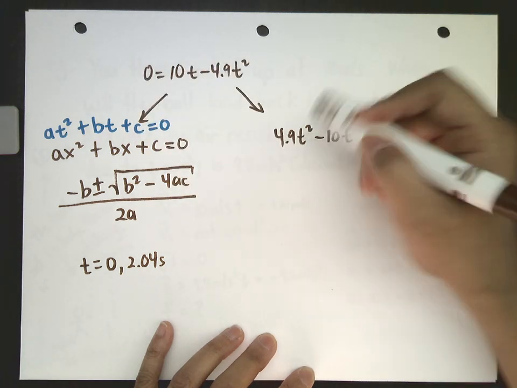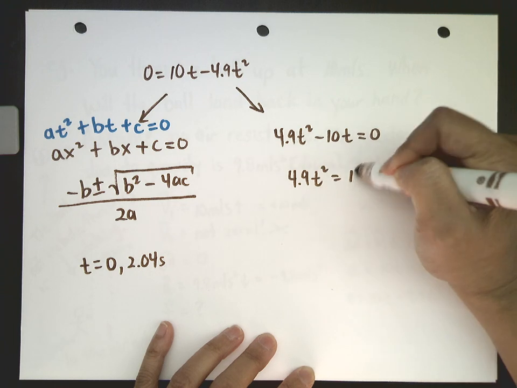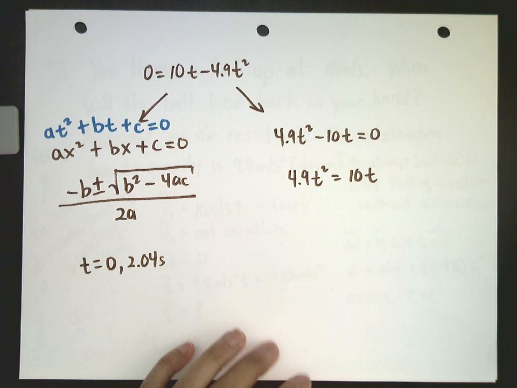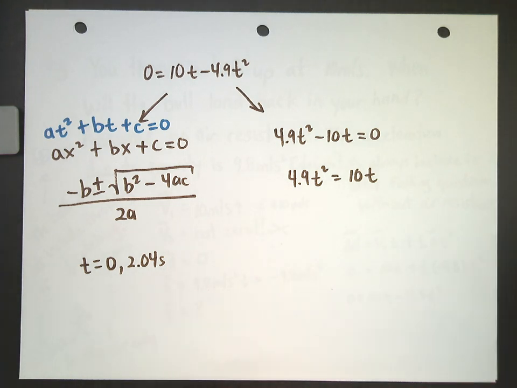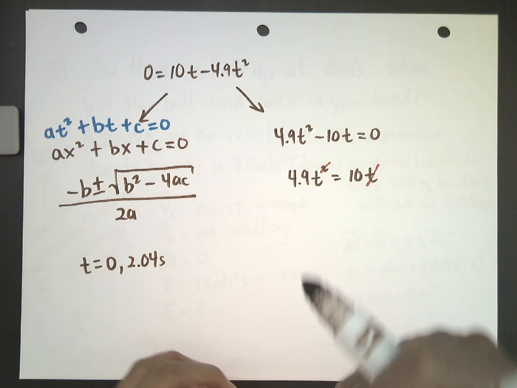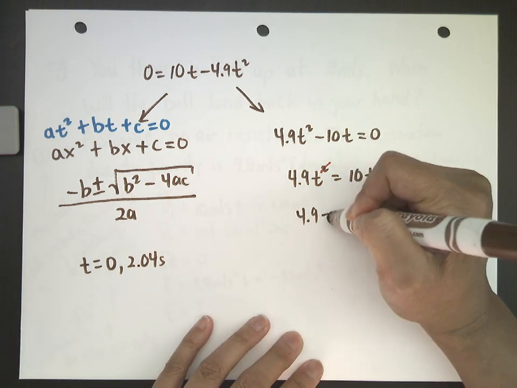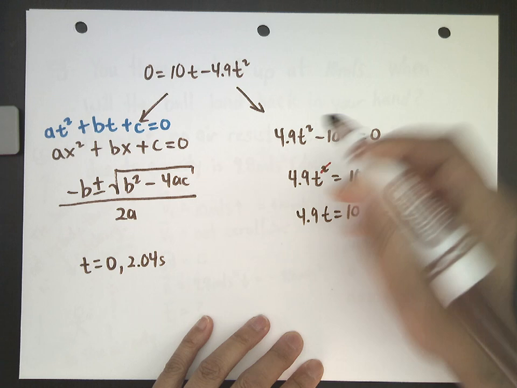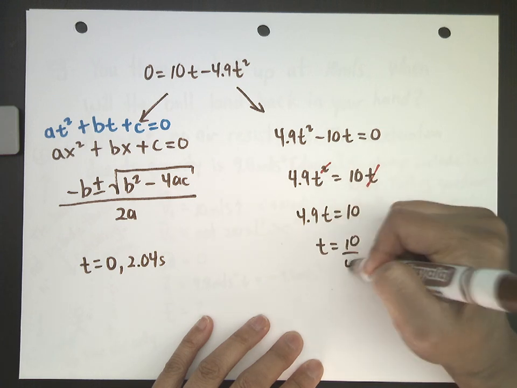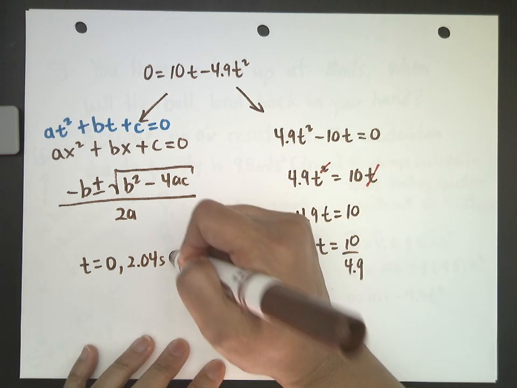But what I'm going to do is move the 10t to the other side. When I do that, one of the t's cancels out and that square cancels out, and I get 4.9t is equal to 10. And therefore t is equal to 10 divided by 4.9, which is equal to this.